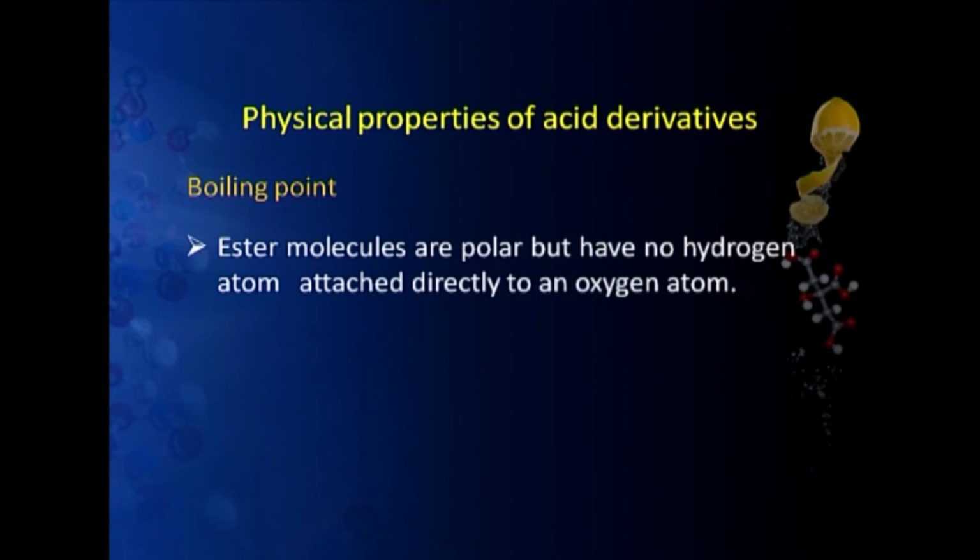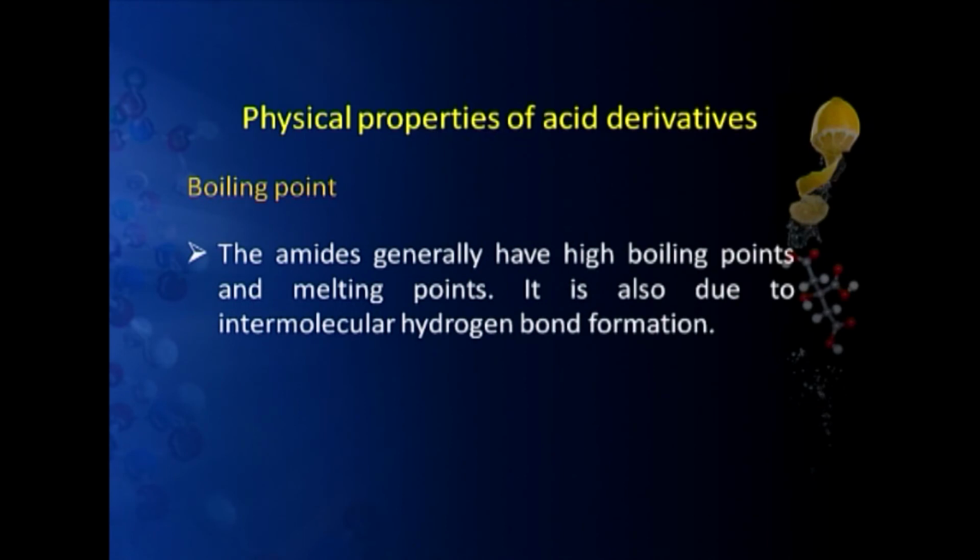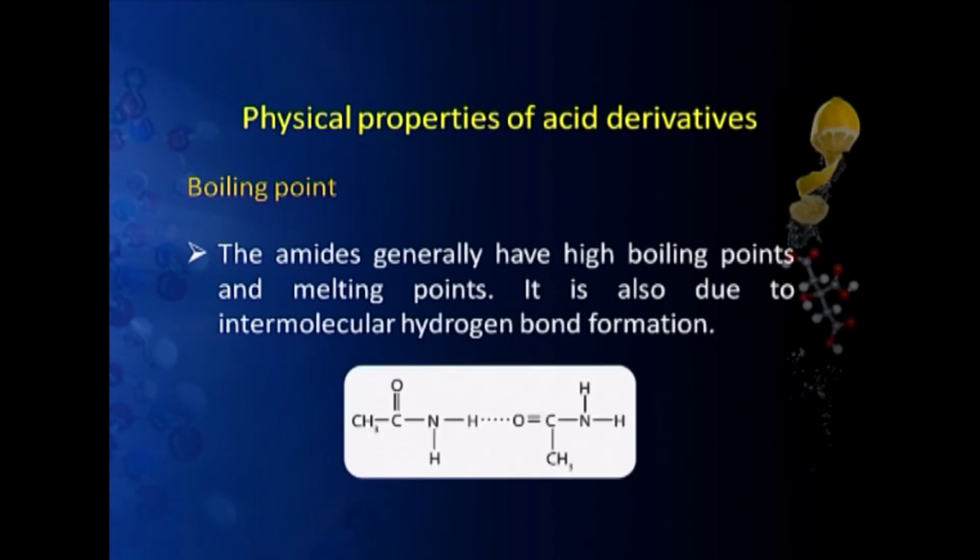So, they also have boiling points which are lower than the corresponding acids, very close to the corresponding acid chlorides. Then the amides have generally high boiling points, and again the reason is that they can form intermolecular hydrogen bonding. Amides have this NH, and these NH can form hydrogen bonds with the carbonyl of another amide molecule. So, amides are generally high boiling, that is why most of them are solids.